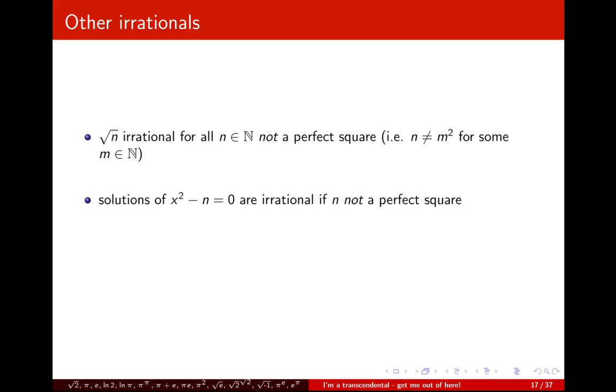Now we will note that if n is not a perfect square, then the square root of n is irrational, but it also happens to be the solution of x squared minus n equals 0. We've already seen that the golden ratio is an irrational number. Although we haven't proved it, you can do so as we did for the square root of 2, or you can use the result above. The sum of a rational number and an irrational number will be an irrational number.